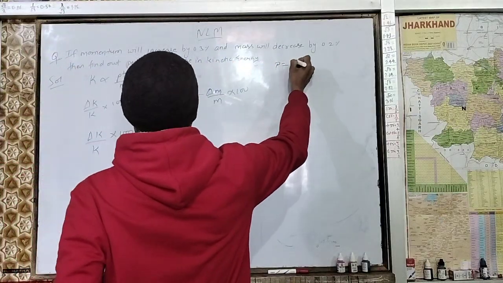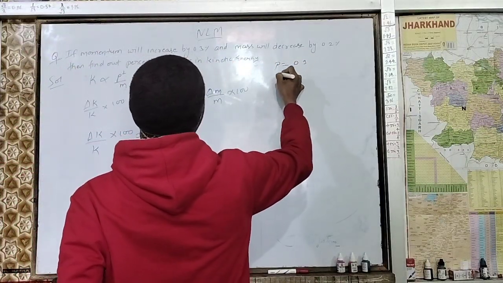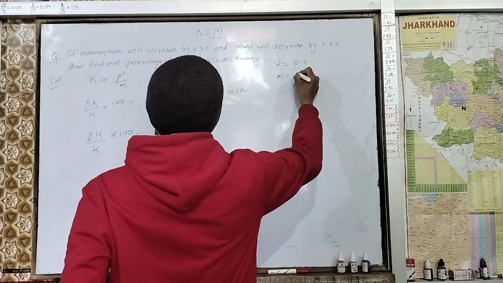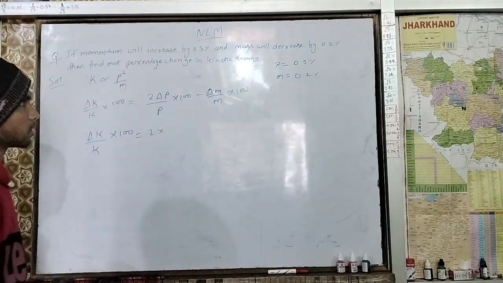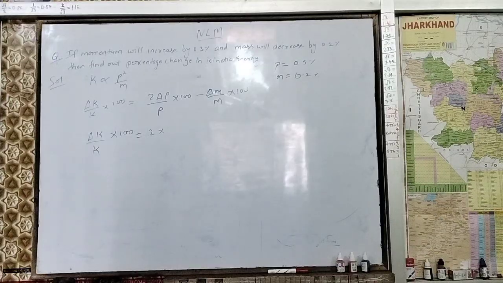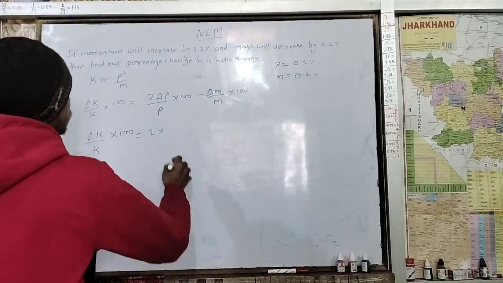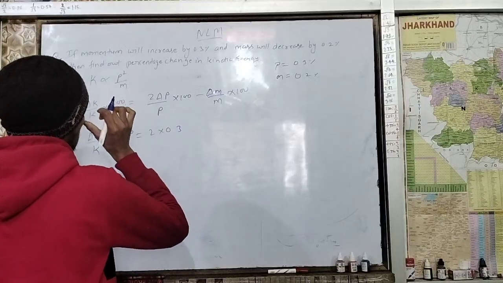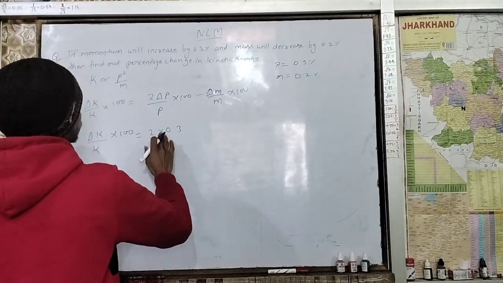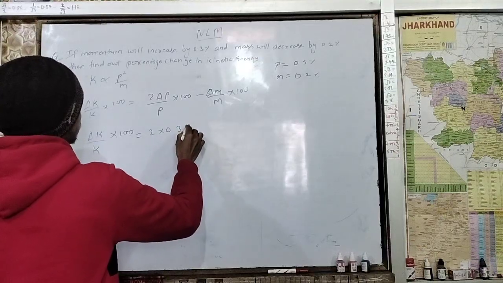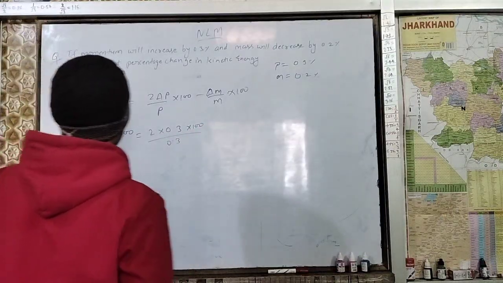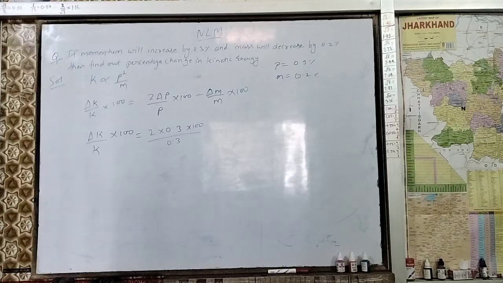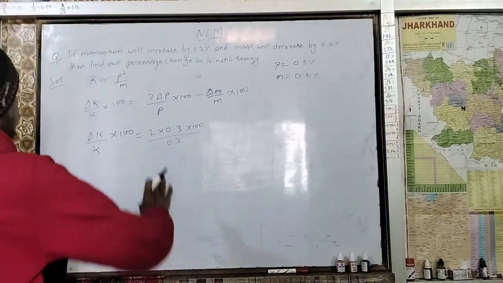Momentum p is 0.3%, and m is how much in percentage? 0.2%. So can you write 2 multiplied by 0.3?